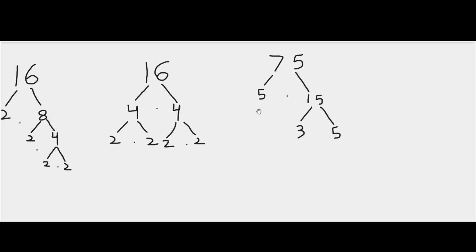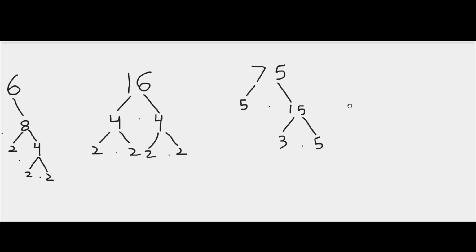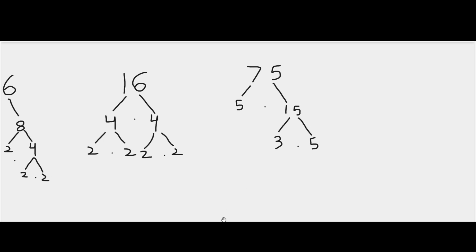So our answer would be 5 times 3 times 5. I'm trying to see if there's another way to do this. I'm not certain if there is. I don't know if there's another number you could pull out here. There is one.